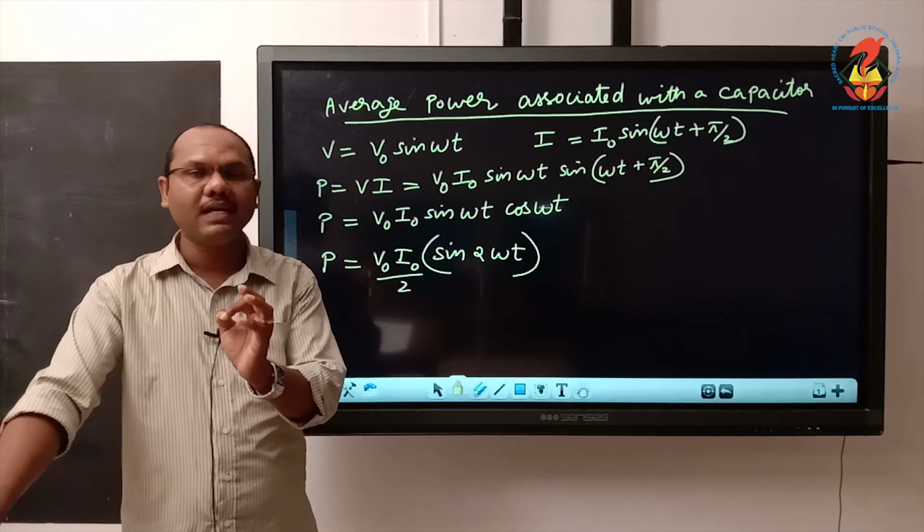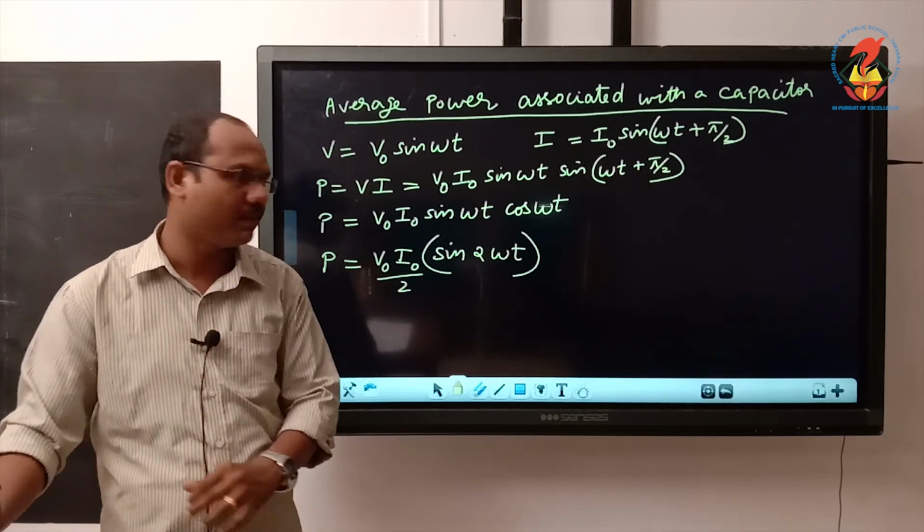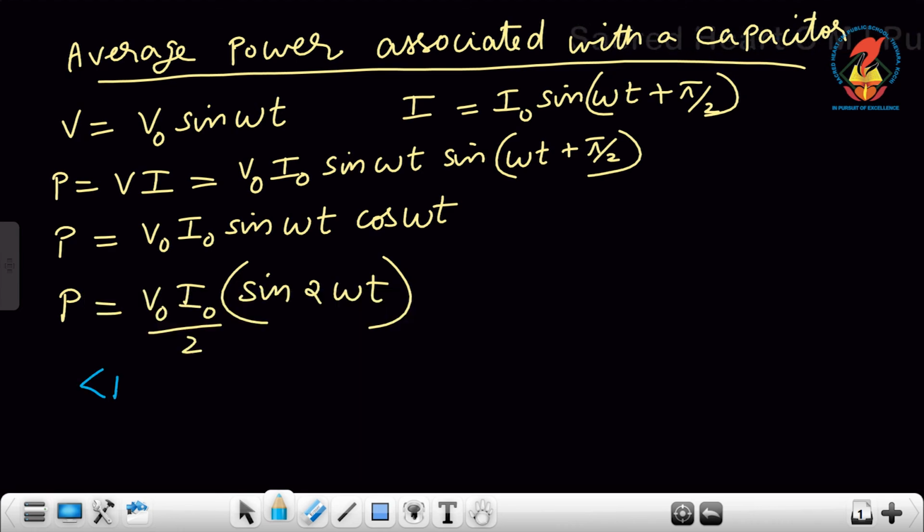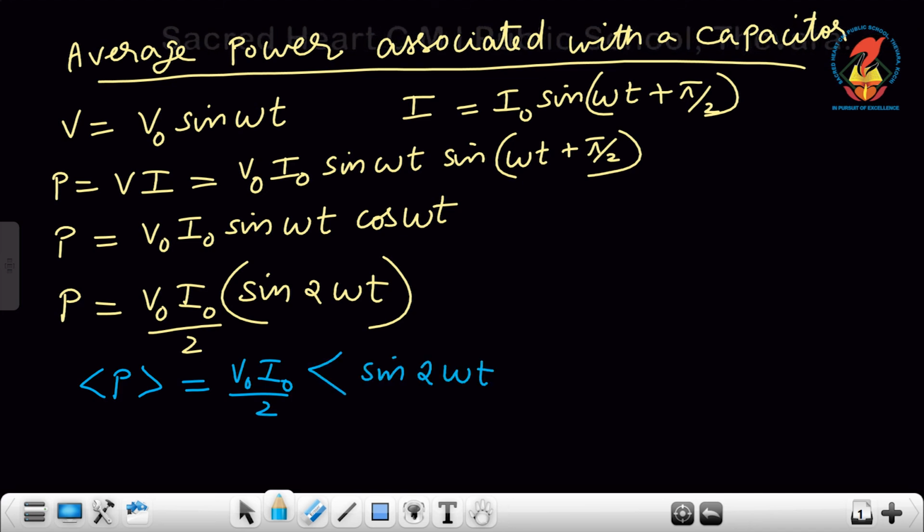Now we have to find the expression for the average power. Average power can be written as V0 I0 by 2 sine 2 omega t.